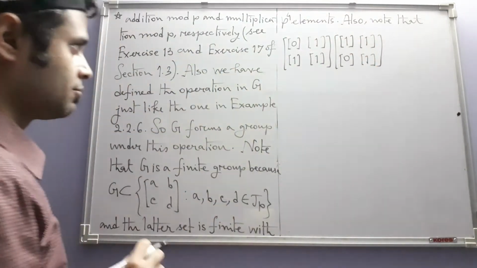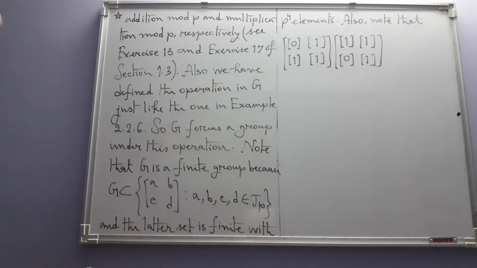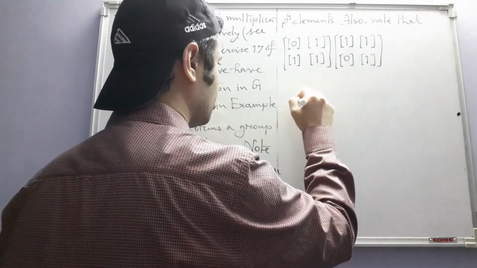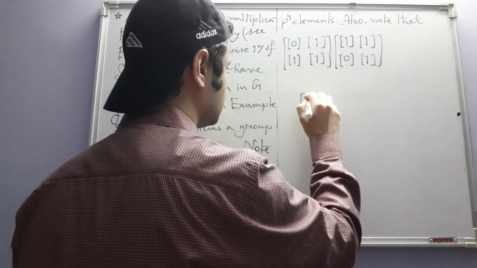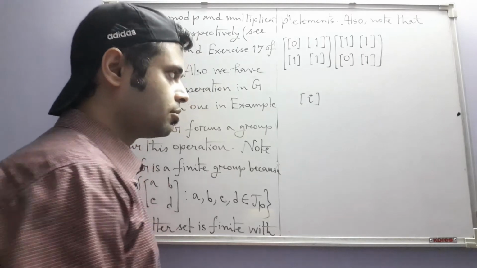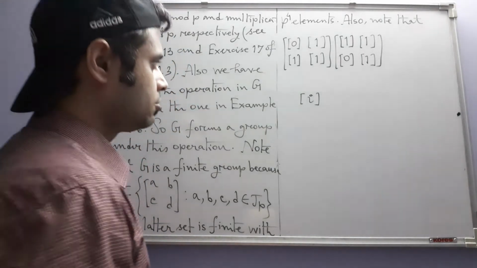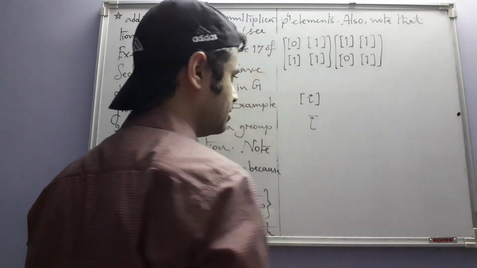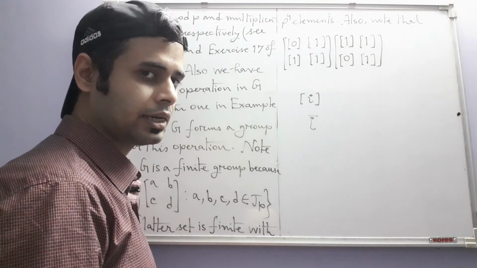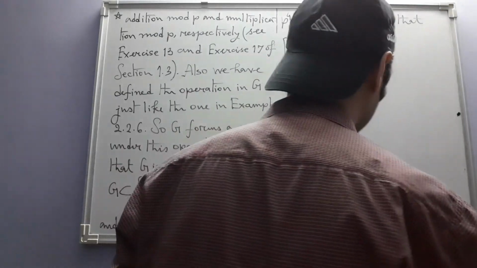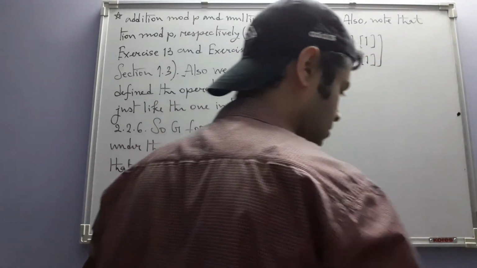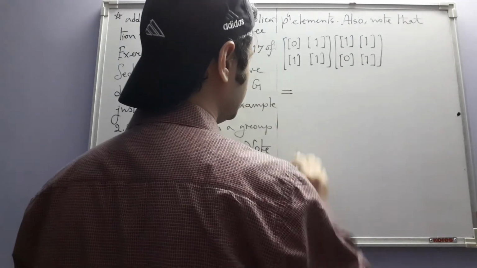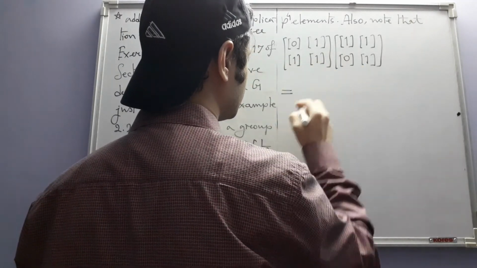Keeping the notation of the text intact, but it looks somewhat cumbersome. It's cumbersome to always keep writing a congruence class like this. To get rid of that problem, some people denote it by this I bar. That is somewhat more convenient. Anyway, so if we calculate this product, what shall we get?